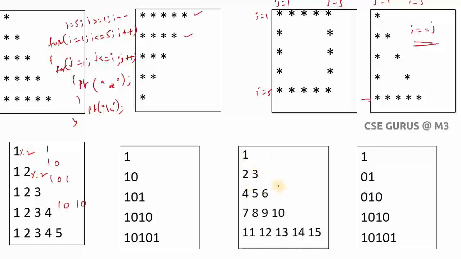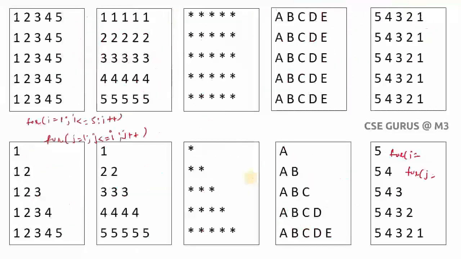So what about this one? How to print this pattern? 1 2 3 4 5 6 7 8 9 10 11 12 13 14 15. Of course, if you observe the previous patterns, the numbers are repeated. Even in our previous questions, the numbers are repeated: 1 2 3 4 5, again 1 has come.